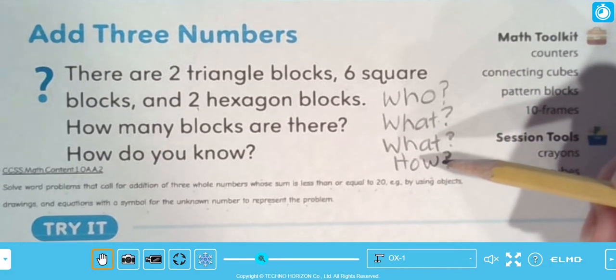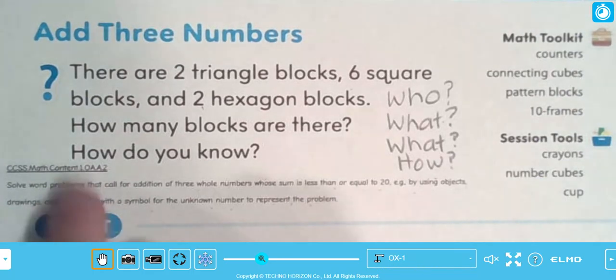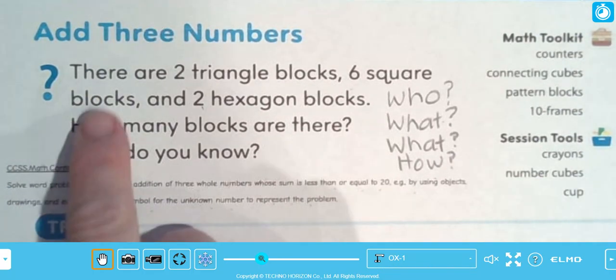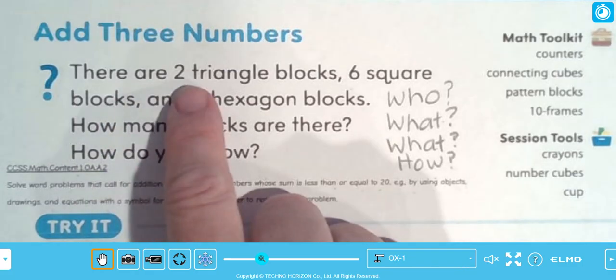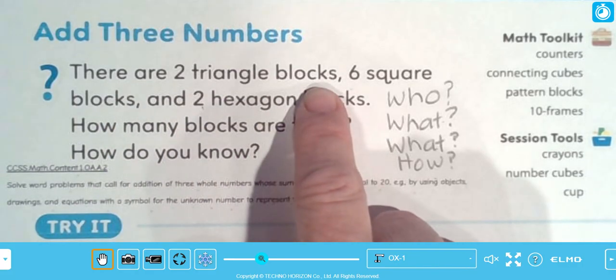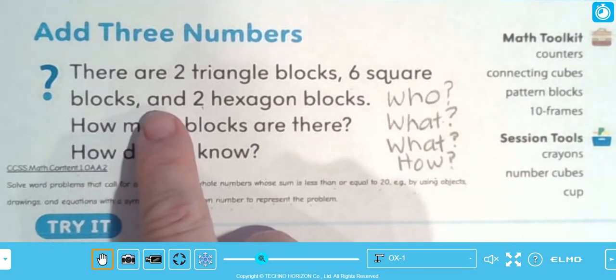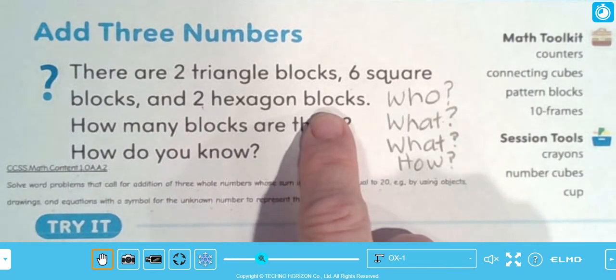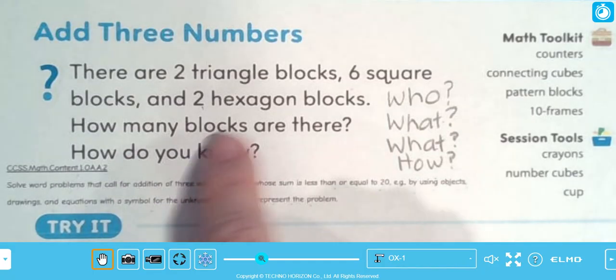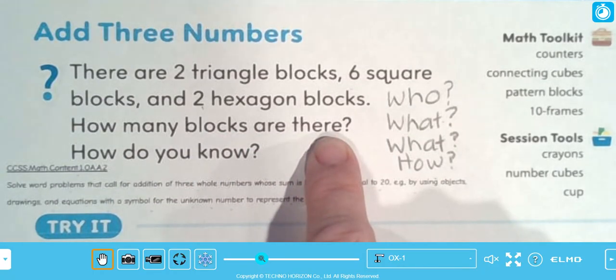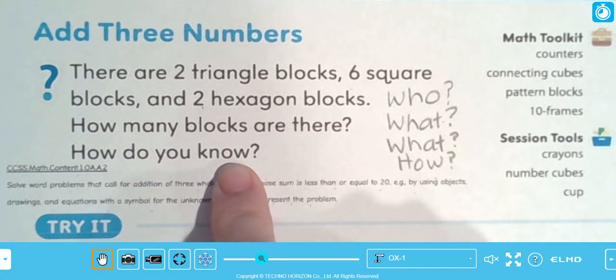So the first question is, who is it about? So let's read it. Ready? Begin. There are 2 triangle blocks, 6 square blocks, and 2 hexagon blocks. How many blocks are there? How do you know?